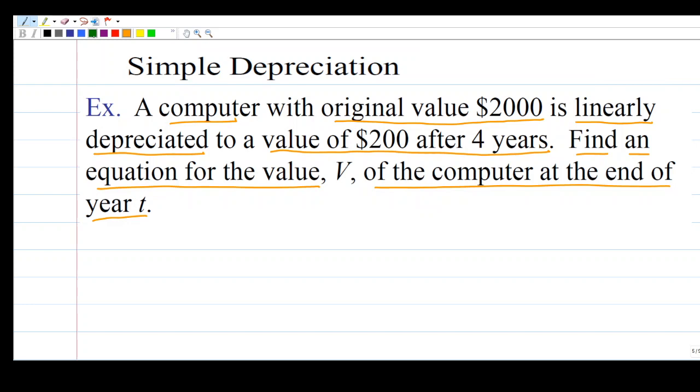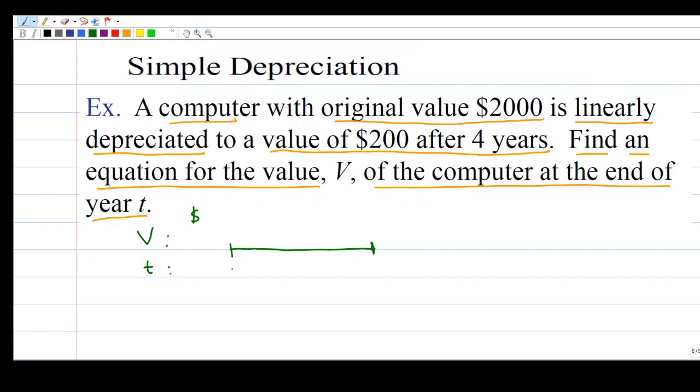Now, if you interpret from the first sentence, you've got a computer, its value in dollars, its original value.